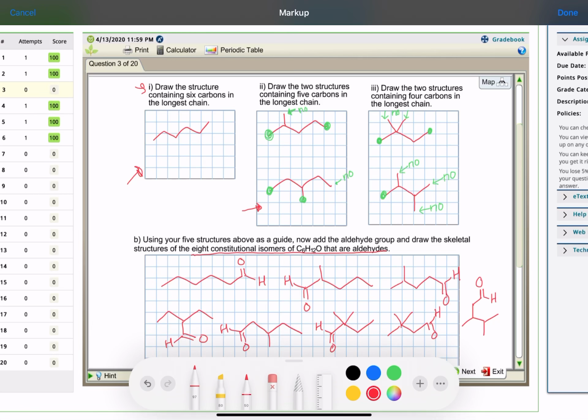Uh-oh, I think I added an extra carbon. I sure did. So we have come up with 1, 2, 3, 4, 5, 6, 7, all 8.